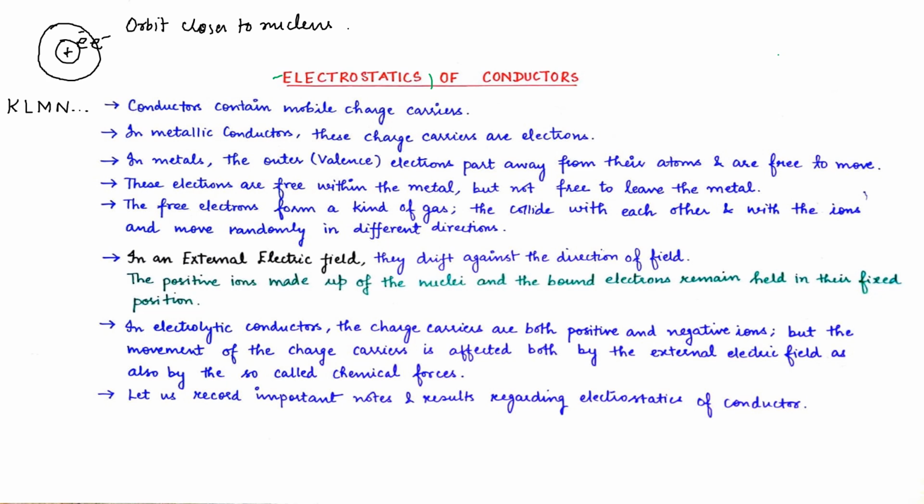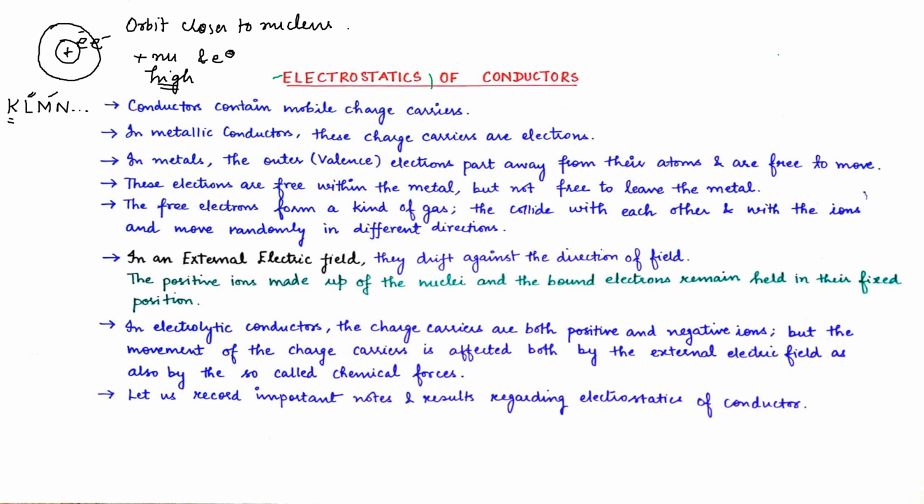So K is the nearmost orbit to the nucleus, and the attraction between the nucleus and the electrons is very high in this region. Now if we go to L, it will be a little lesser.